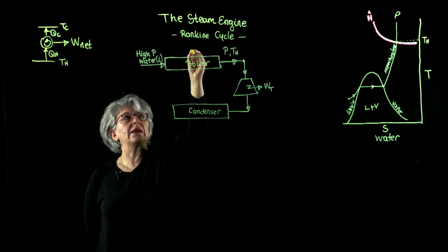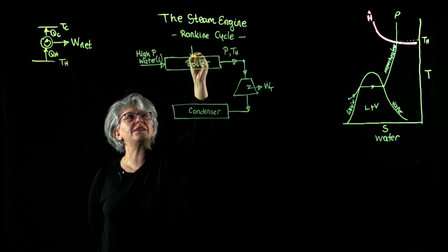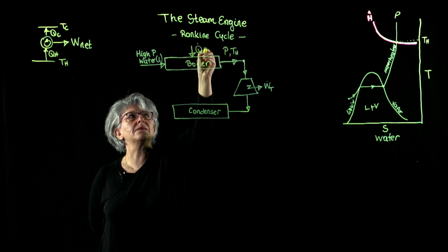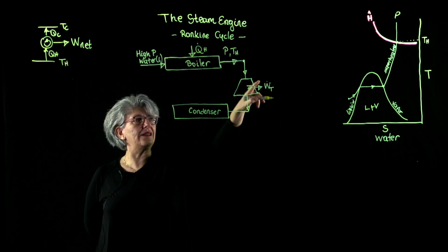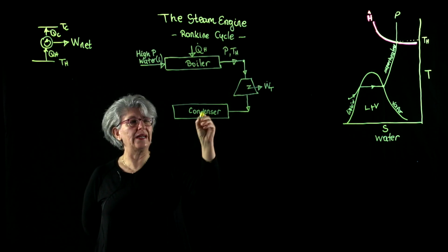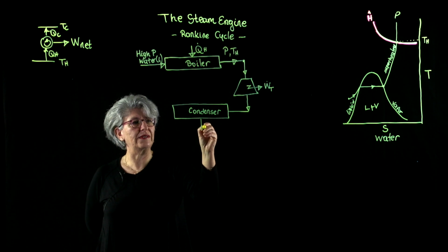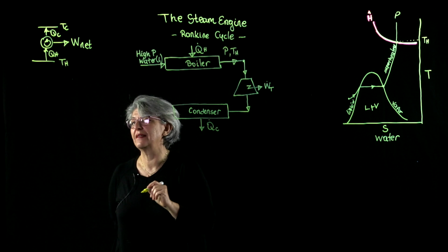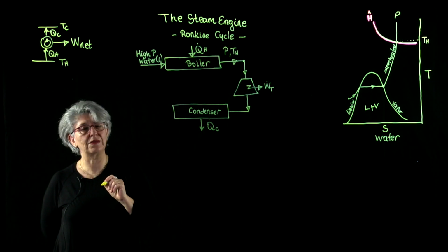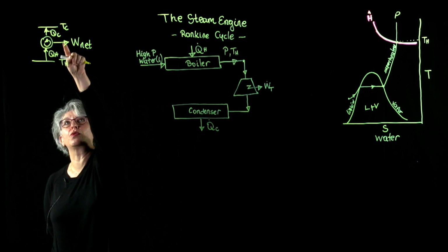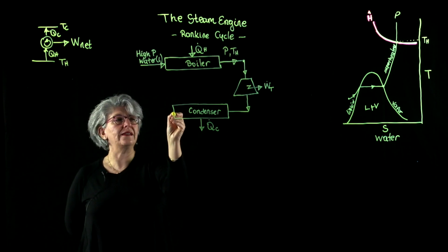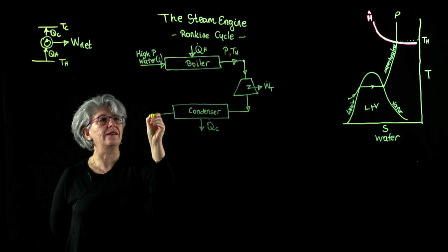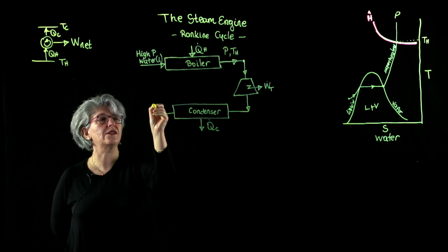So, our system has received heat from the environment and delivered work. Now we're going to discard the heat to the environment, Q cold. At the exit of the condenser, we are going to have a low pressure water.